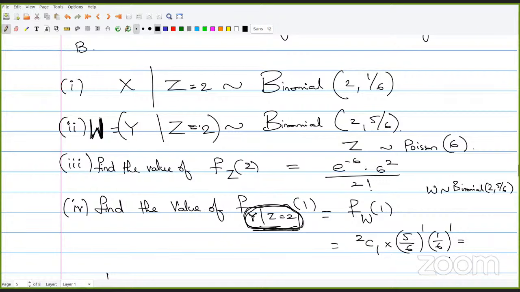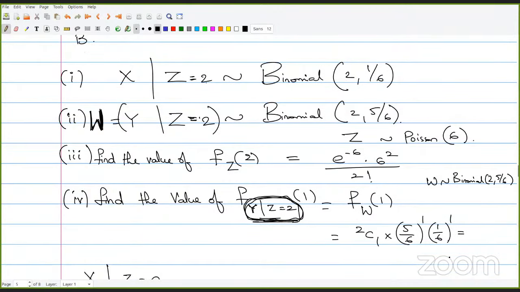See, the sum of two Poissons is Poisson. But in a condition, it might change. Conditions like X given the sum will follow binomial. Y given the sum conditional will convert to binomial. If it is only the sum, it is Poisson only.